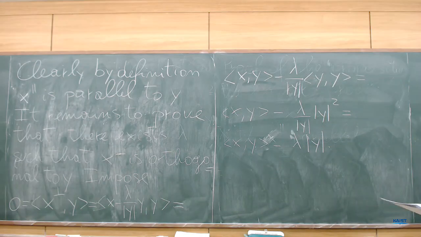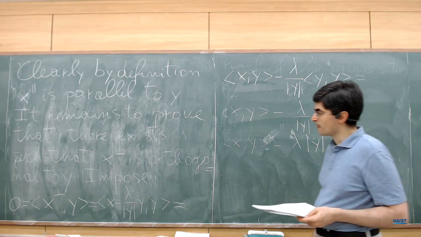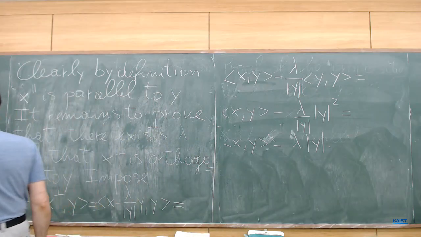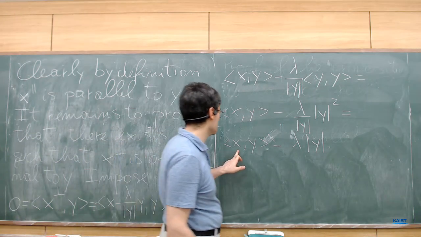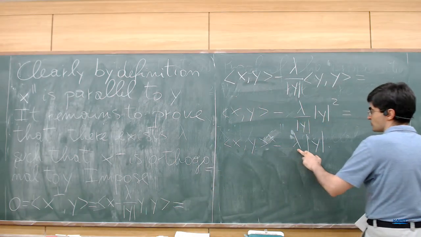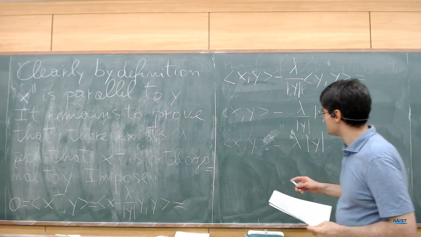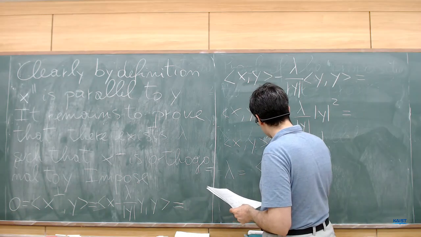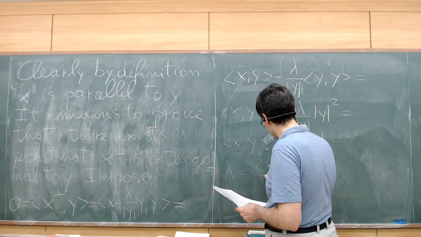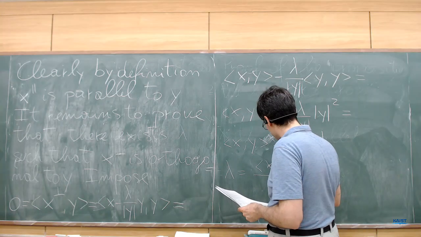And now it remains to solve the equation 0 equal to the inner product of x and y minus lambda length of y, and we get lambda equal to xy divided by the length of y.